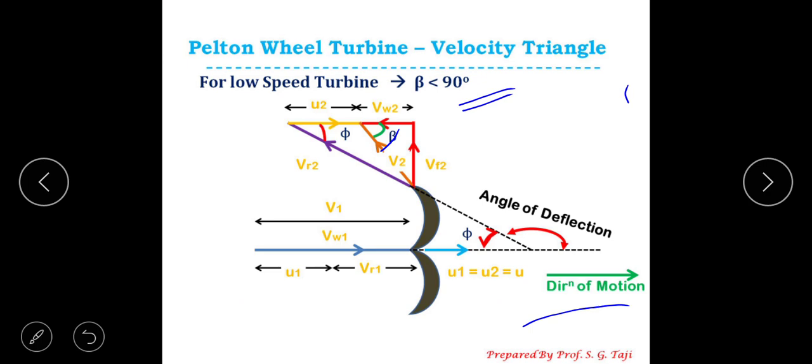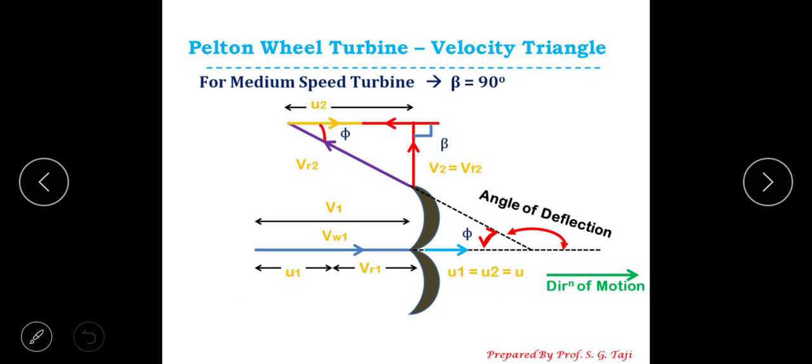Then at the outlet velocity triangle, U2, VW2, VR2, VF2 and V2, theta, phi, everything is shown. For a medium speed turbine, beta shall be equal to 90. Therefore, this will become perpendicular.